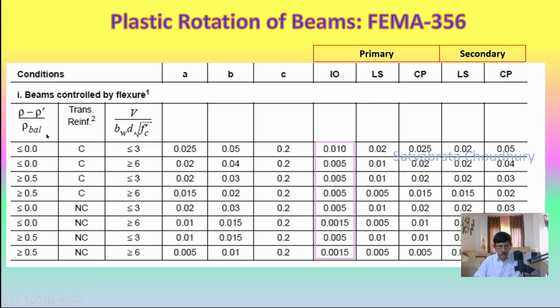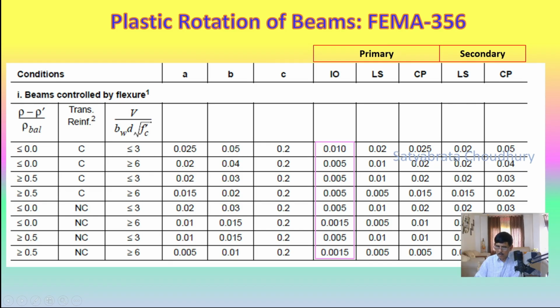Based on these two ratios, the values are given for the a, b, c segments that we have discussed, and the values of IO, LS, CP for primary members and for secondary members. Primary members take the real force in the system. Secondary members are generally non-structural members and they will not carry force.